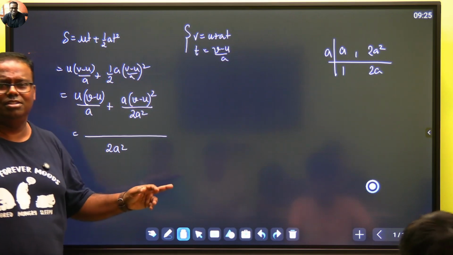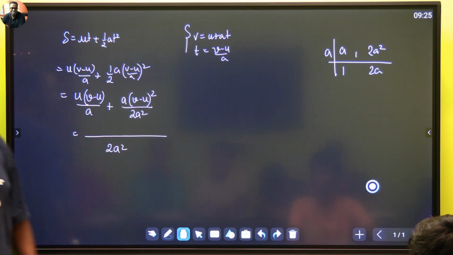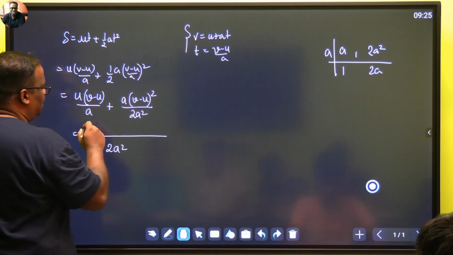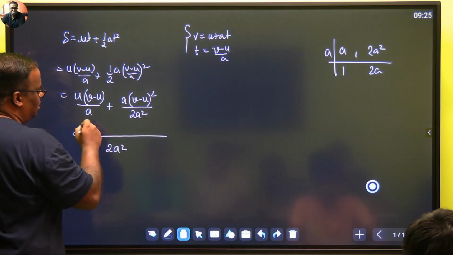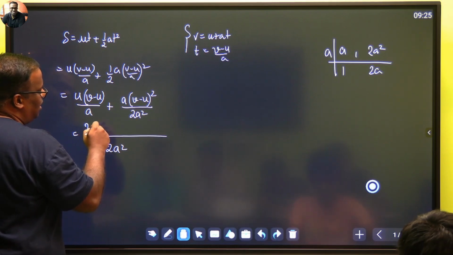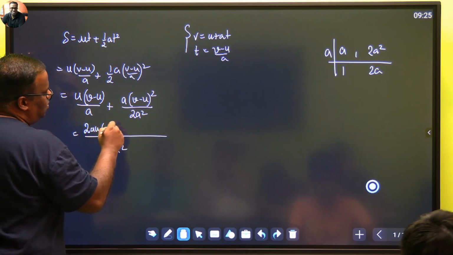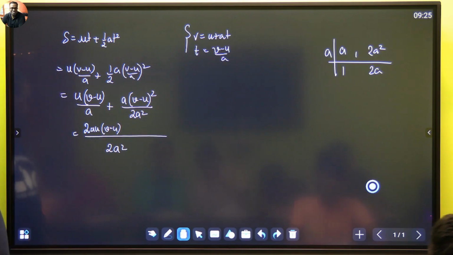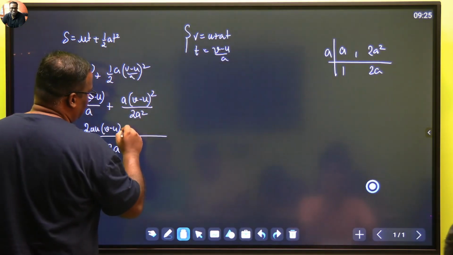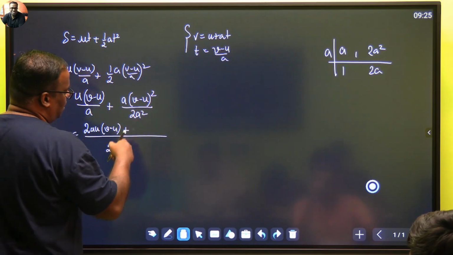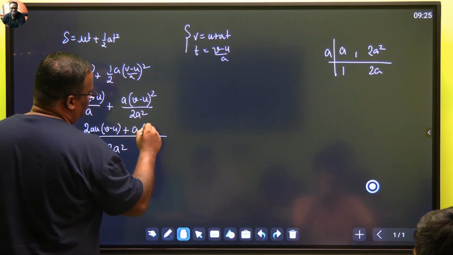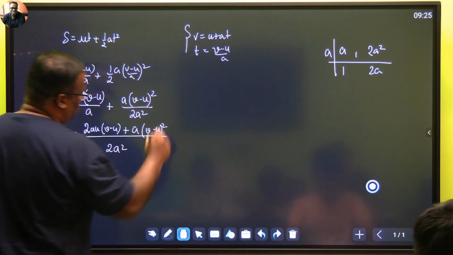What has happened? Oh yeah. 2a plus the a. 2a you multiply here. So it becomes 2a u v minus u. Agreed? And here what we will get? 2a square, 2a square. So it's just a into v minus u whole square.